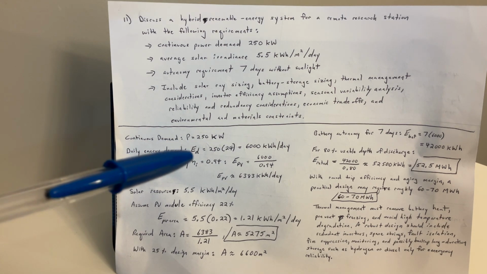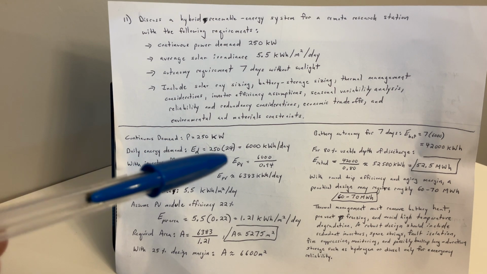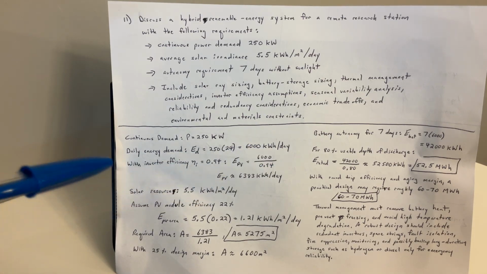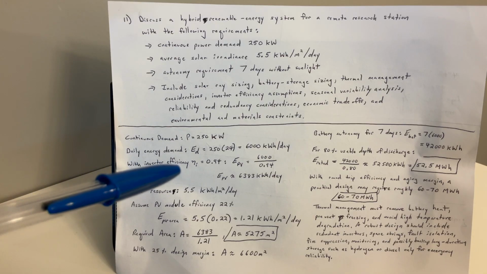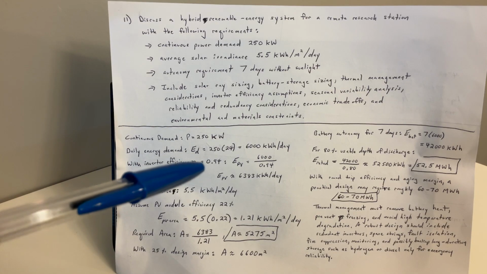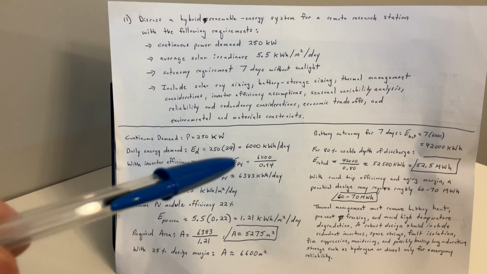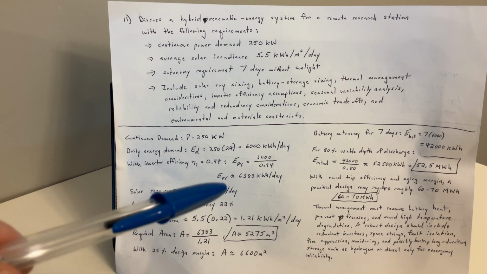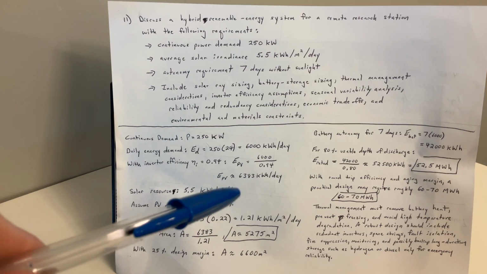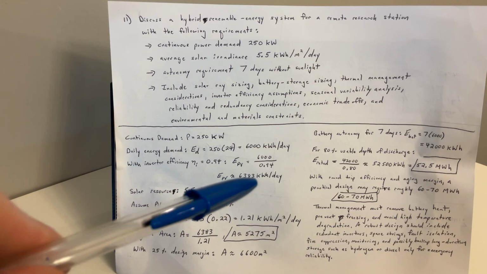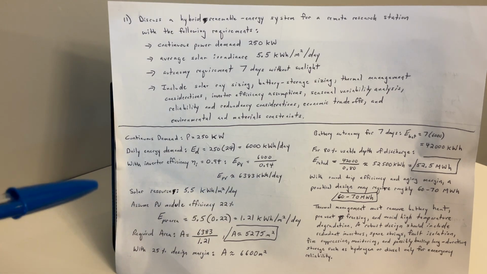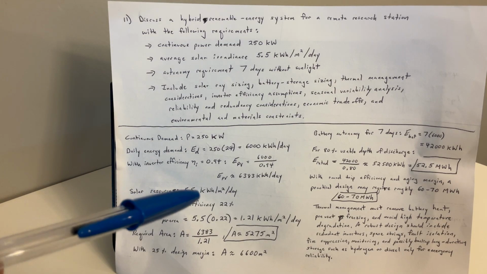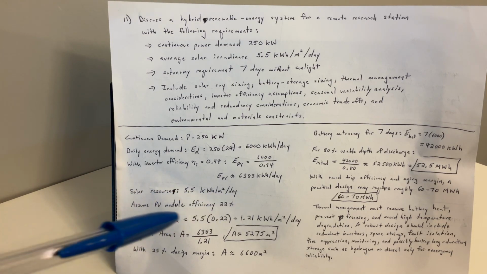So our daily energy demand, E sub D, is 250 times 24, which is 6,000 kWh per day. With inverter efficiency eta sub I equals 0.94, E sub PV is 6,000 over 0.94. This is going to give you 6383 kWh per day. Now from here, solar resource, 5.5 kWh per meter squared per day.